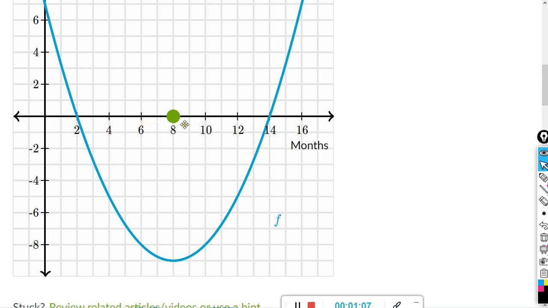So if we go along the x-axis, this point right here at 14 months is when they finally are debt-free. So you just take this dot and you drag it over to the 14. All right, so right here, see they're going along in the months. Time goes on, they're in debt, and then they start to get out of debt right here at 14 months.